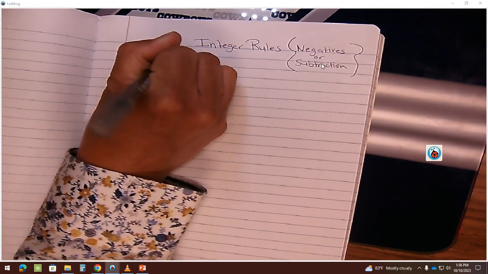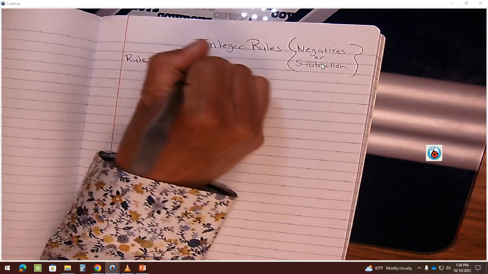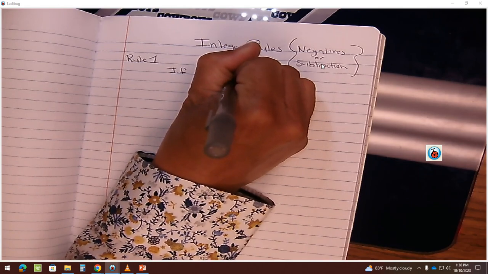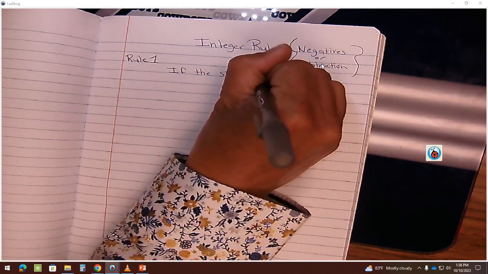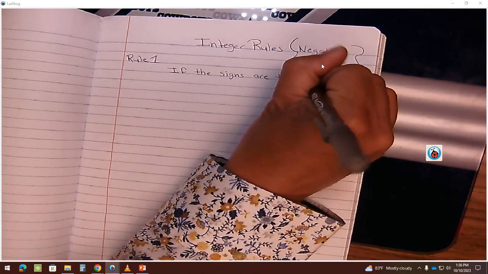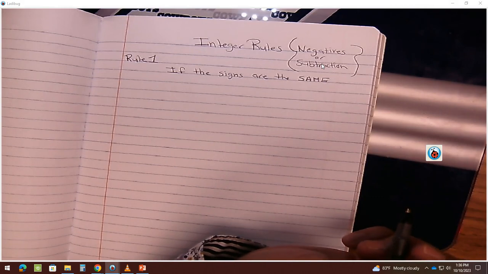Rule number one is the one that if the SIGNS are the same, and I'm capitalizing this on purpose, you're gonna see right now why.